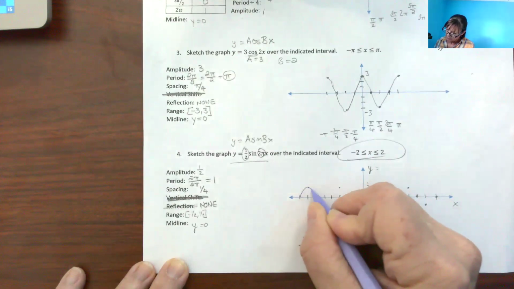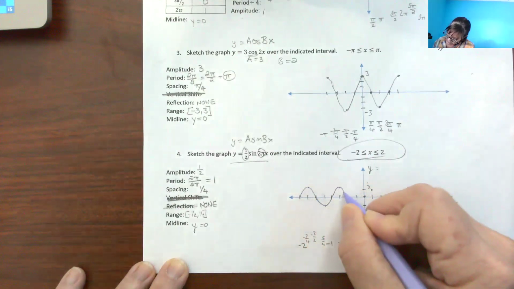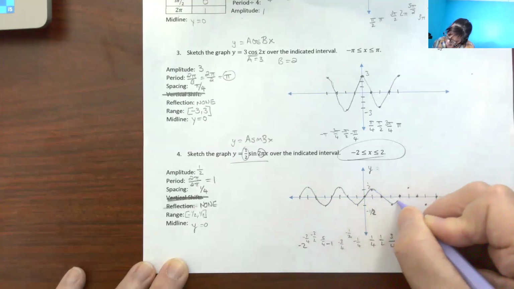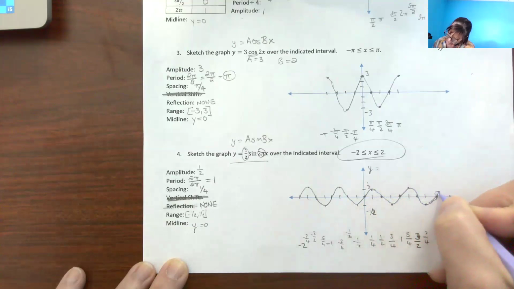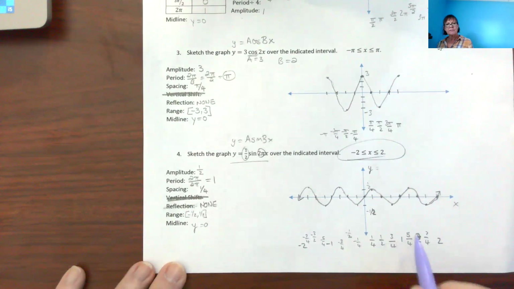And so we can just copy down that pattern. Of course it goes on forever, but this is where they told me to graph it in between. That's not bad for a hand graph.